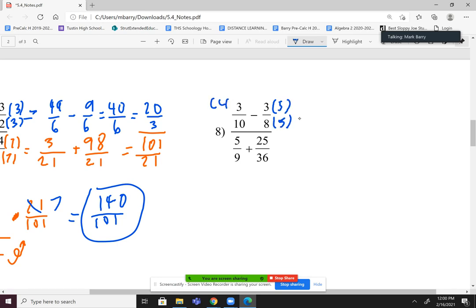And this one's got to be by 4. Okay, so that's going to turn into 12 minus 15 is negative 3 over 40.